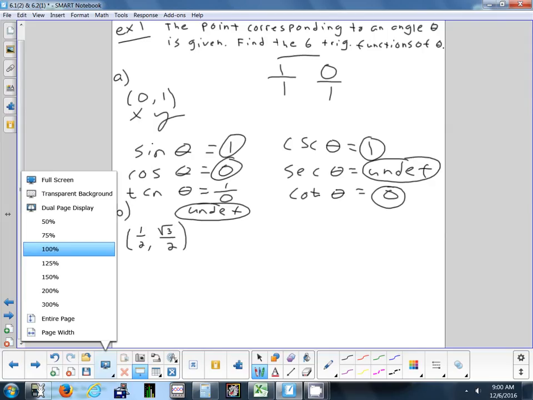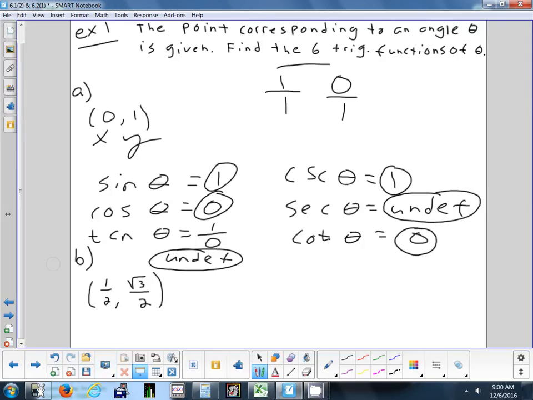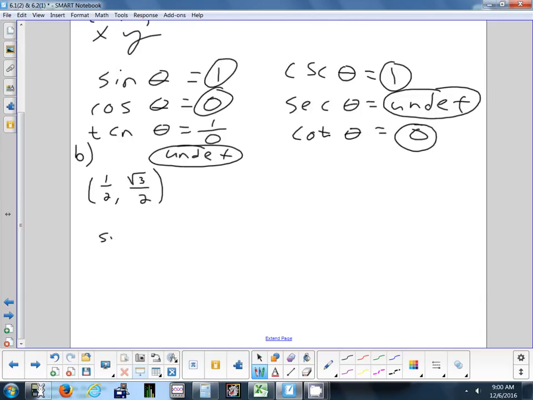All right, so let's start with, what's the sine here? Yeah, square root 3 over 2. You don't have to do any decimals. Just leave fractions. Quinn, what about the cosine?